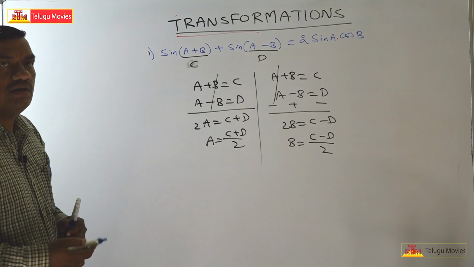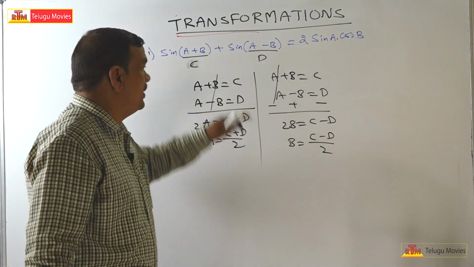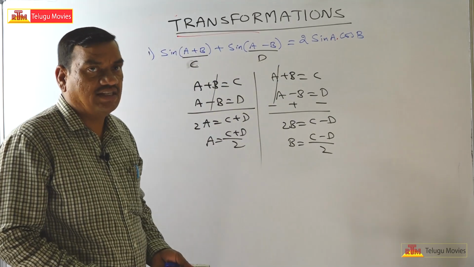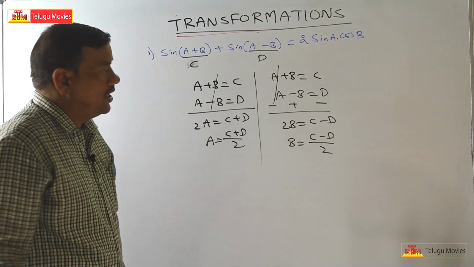Now rewrite the formula with the C and D variables. Here the variables are A and B, of course they are angles. Now rewrite these formulas in terms of C and D. Let us see what happens.